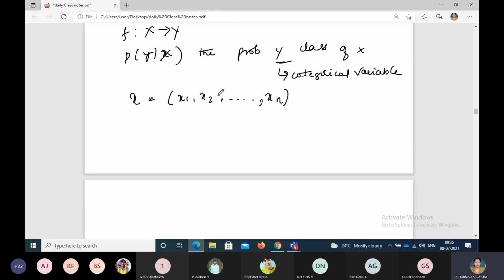This represents n features, and all of x1, x2, x3 up to xn are independent variables.